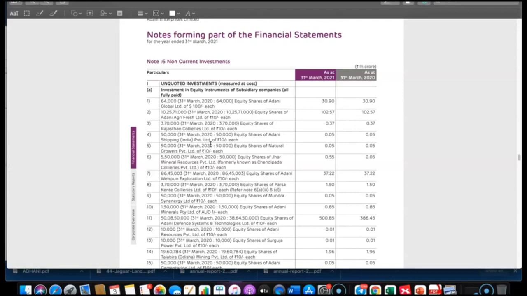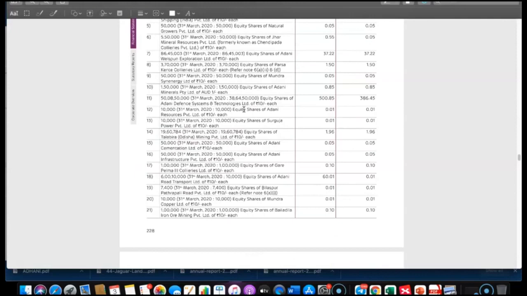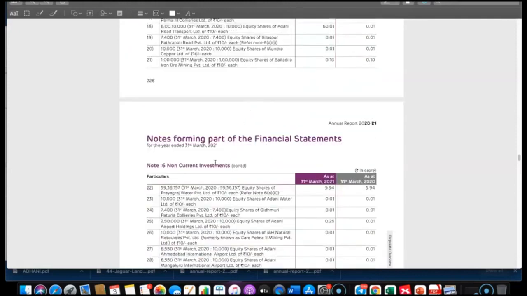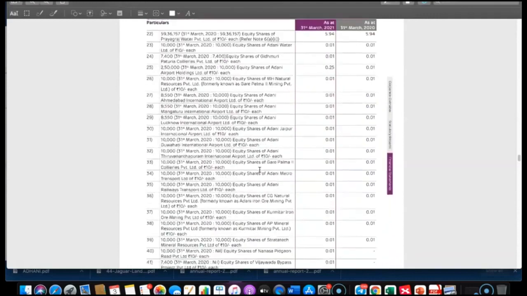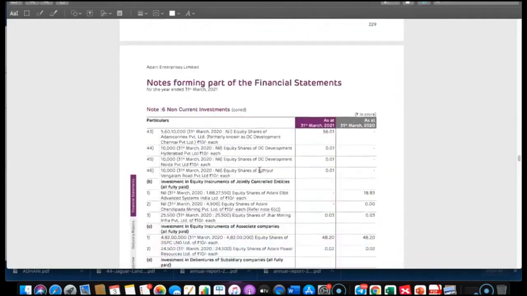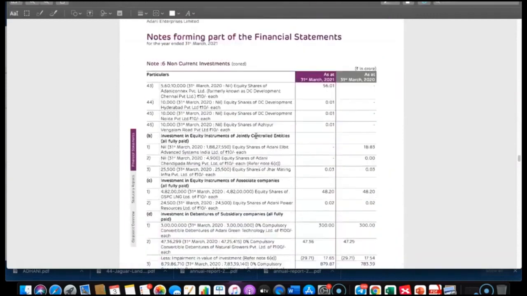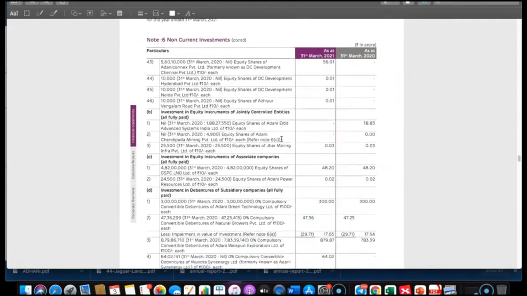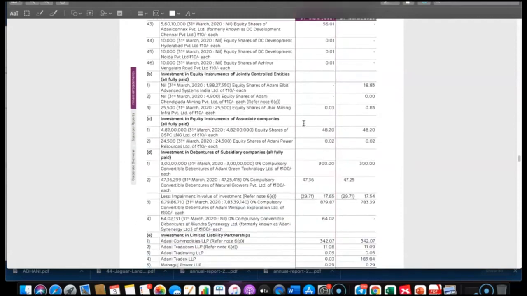Okay, so now I'm just doing the basic tangible net worth computation, so I'm not getting into the deduction and all. But as per their note 6, non-current assets, they have various investments. They have investments in jointly controlled entities, associate companies.